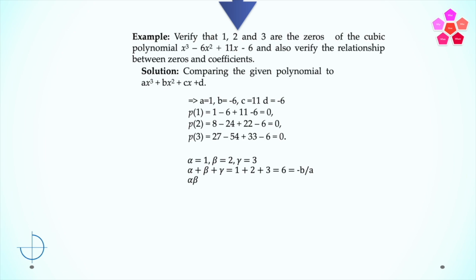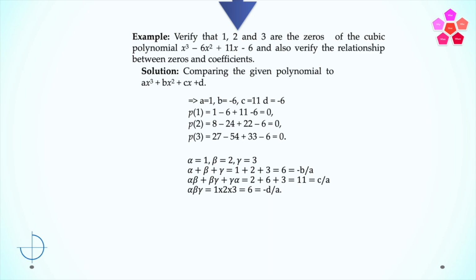Alpha beta plus beta gamma plus gamma alpha is equal to 2 plus 6 plus 3, which is equal to 11, which is equal to c by a. C is equal to 11 and a is equal to 1. And finally, alpha multiplied by beta multiplied by gamma is equal to 1 into 2 into 3, which is equal to 6, which is equal to minus d by a, where d is equal to minus 6.